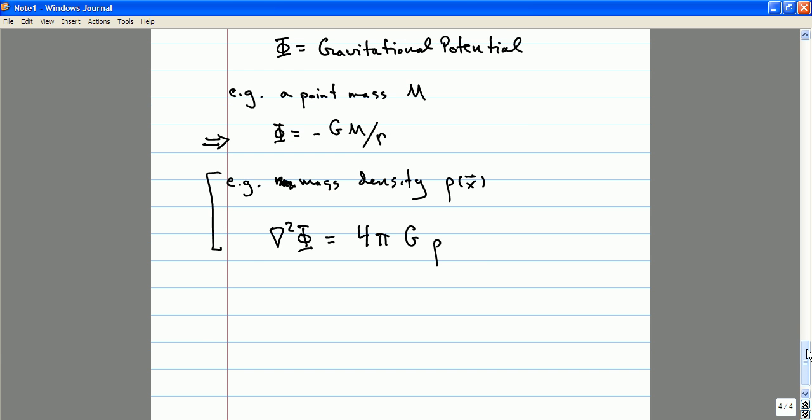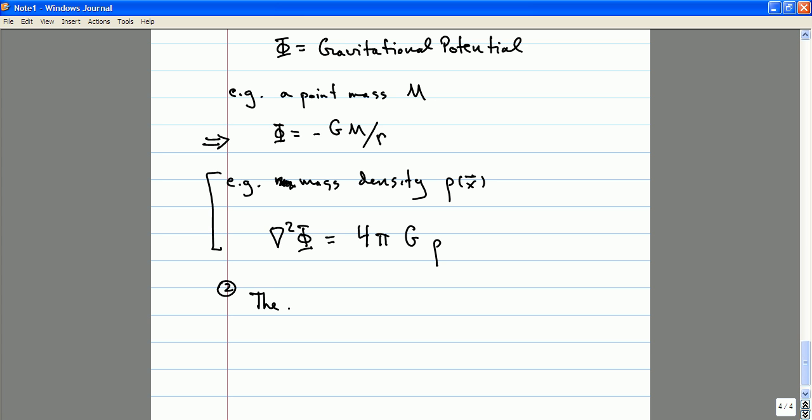So the first part of Newton's law of gravity was a rule that told you, given some distribution of masses, so if I have a mass here and a mass there and a mass over there, what is the corresponding gravitational potential? And the second part of the Newtonian formulation of gravity is a rule which tells you how objects move in a given gravitational field.